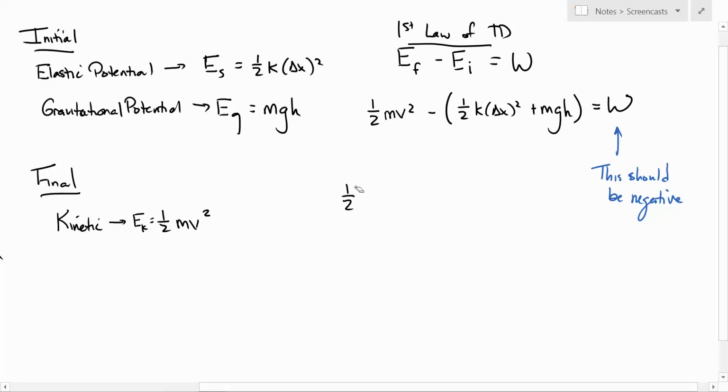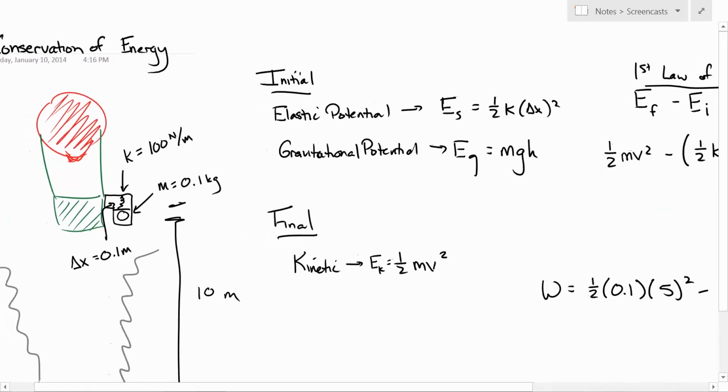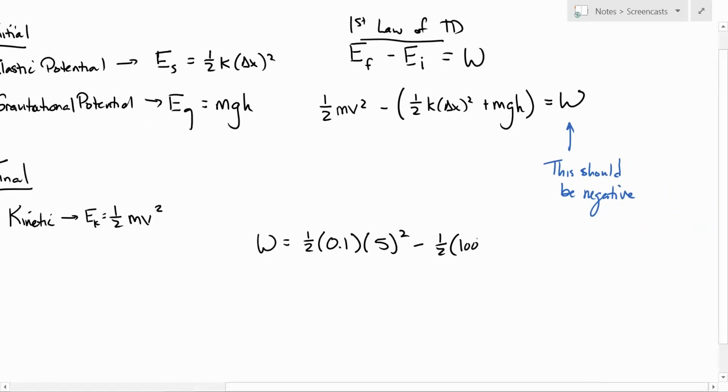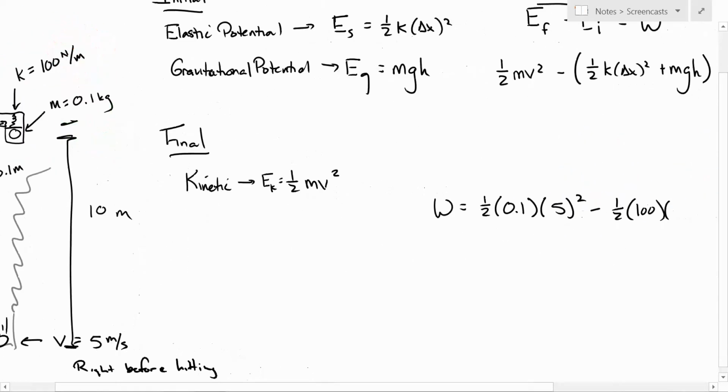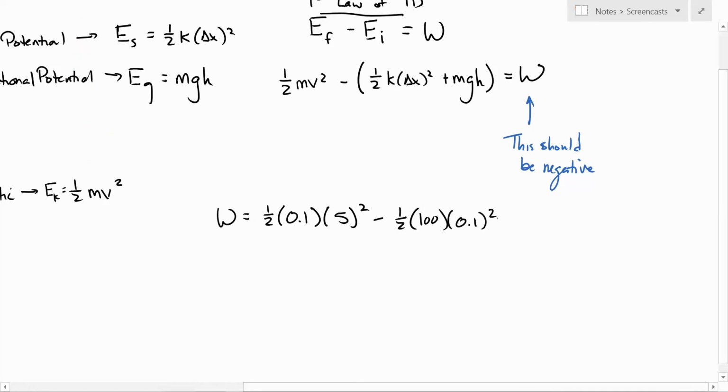We have 1/2. Oh, I'm going to need a lot more space for this. Alright, so work is equal to 1/2 times m, which is 0.1 kilograms, times v squared, where v is 5 meters per second. Minus, we have that k is some outrageously large number, 100, and delta x is some outrageously small number, a tenth, and that's squared. And we have minus again because the minus sign distributes, 0.1 times 10 times 10.